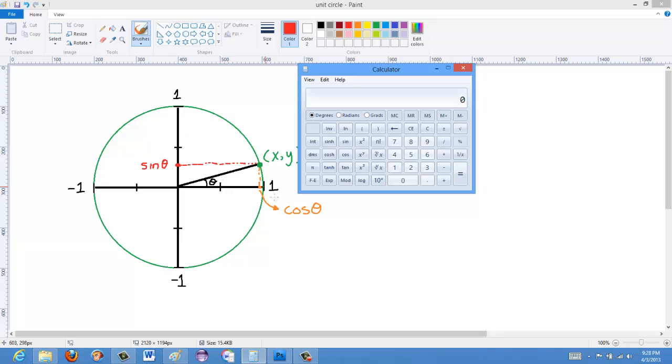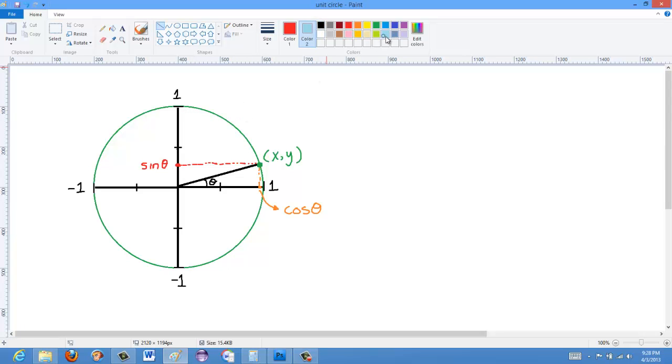What we can see very clearly is that as theta gets smaller, cosine gets relatively bigger, closer to 1, and as this theta gets bigger, this angle would move up.